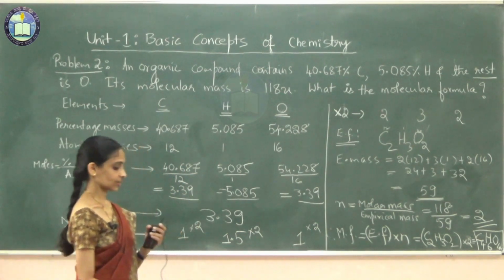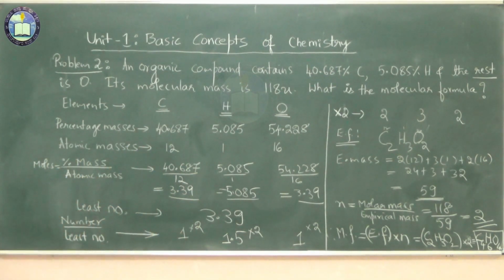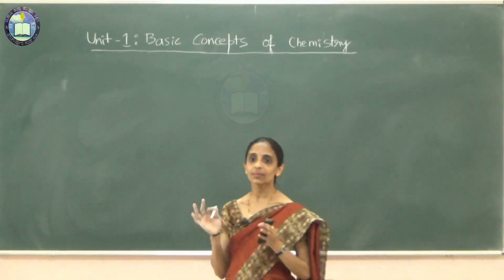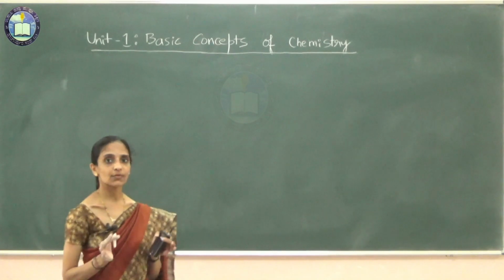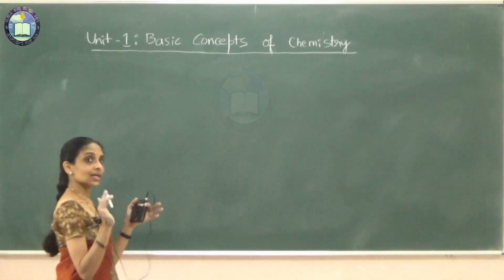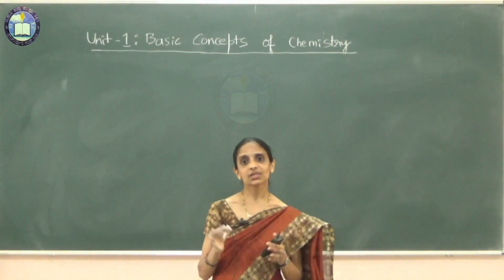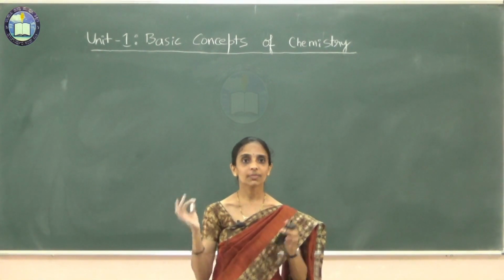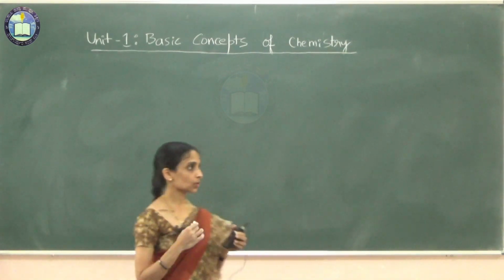Okay. So, now you know how to find out the empirical formula and molecular formula for a compound. Let us see some more examples for empirical formula and molecular formula by taking different compounds.